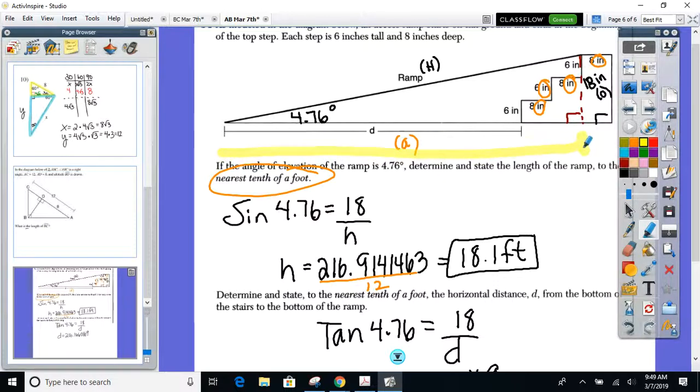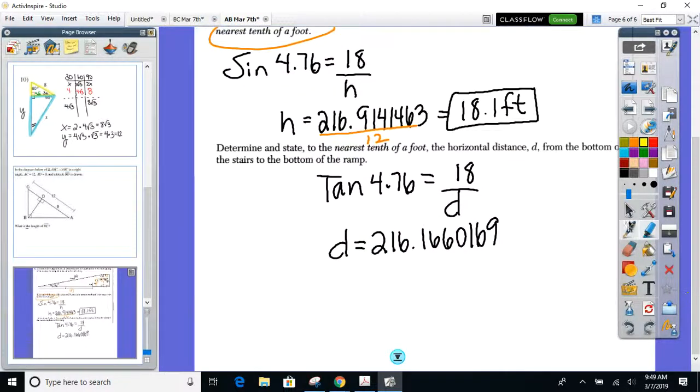What did we just find? The adjacent side in the right triangle. That's 216 point whatever the decimal was. What do I still need to do to that to find D? Subtract off how much? 16, yes. Subtract out 16.